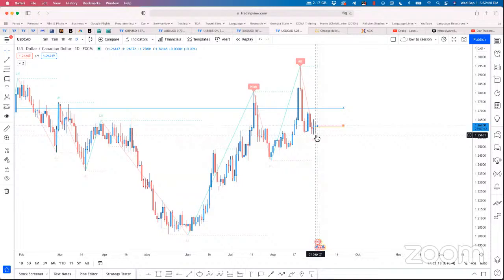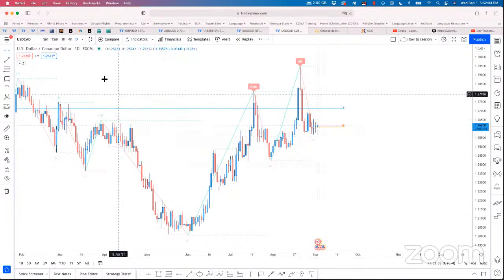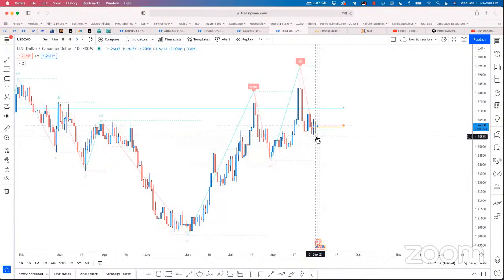So that's how you want to look at things, right? This will kind of give you a heads up on what and where you should be expecting to trade. So if you look at the daily and the daily is telling you you're at a low, are you going to hold it or are you going to trade through it?